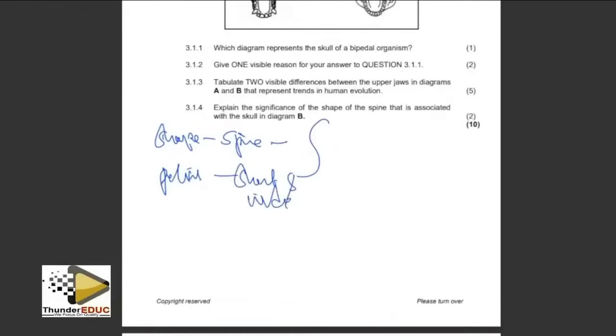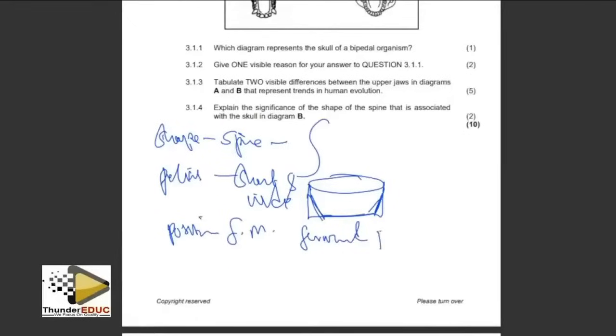And the third one is the position of the foramen magnum, which is in a forward position. Now, before I explain this, what is bipedalism? We changed this. You don't just say that bipedalism is walking on 2 limbs. Which limbs? Hind limbs or forelimbs?